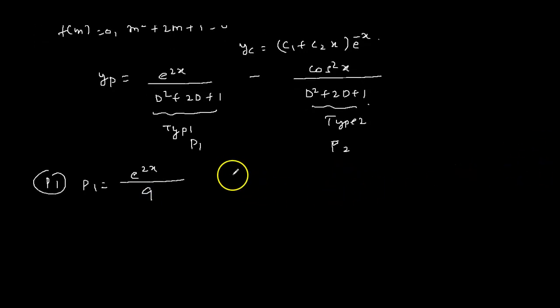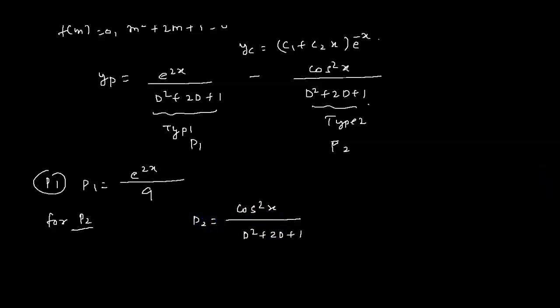For the second one, cos square is given. For the P2, cos square divided by D square plus 2D plus 1.